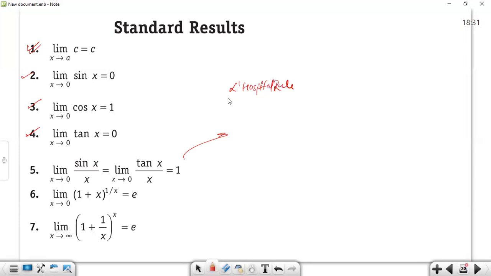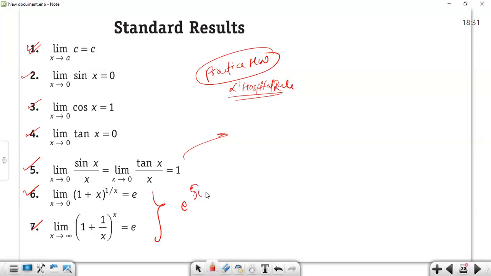Okay, so this is your practice homework. You have to prove this formula and this formula and this formula. These two formulas are going to be proved not by L'Hospital rule, but by a trick which I'm going to teach you. You'll be aware of what drawing I'm drawing here after studying further concepts.